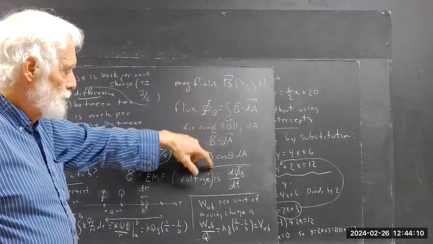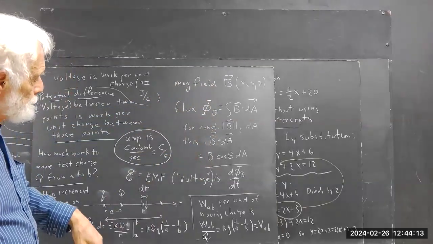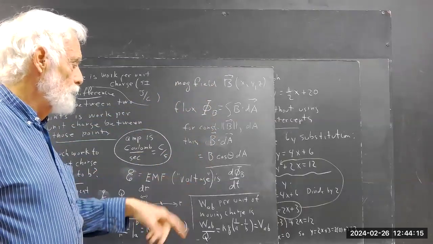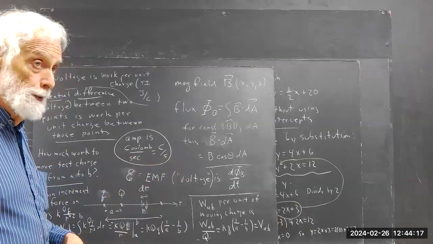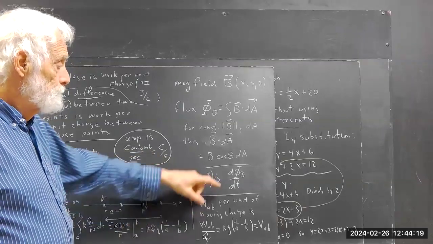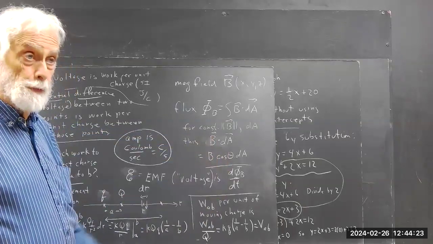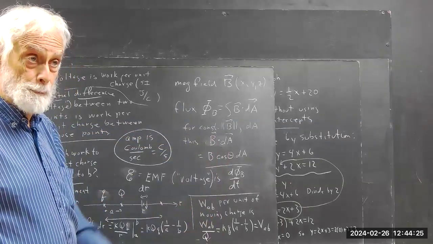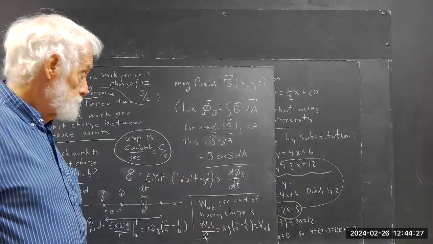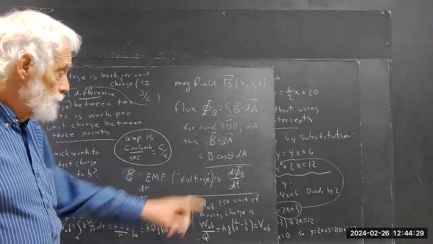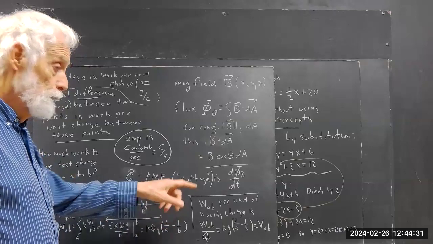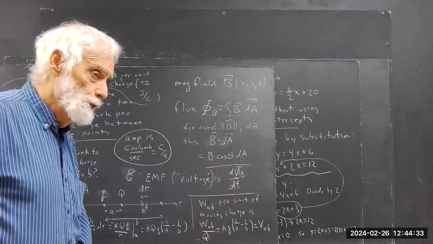So we're just adding this up. Okay, well, anyhow, the EMF or voltage we get in a circuit, then, at least in this circuit, is the rate of change of the magnetic flux with time. Very simple. Okay, so that's what we mean by EMF or voltage, and that's our first introduction to voltage.